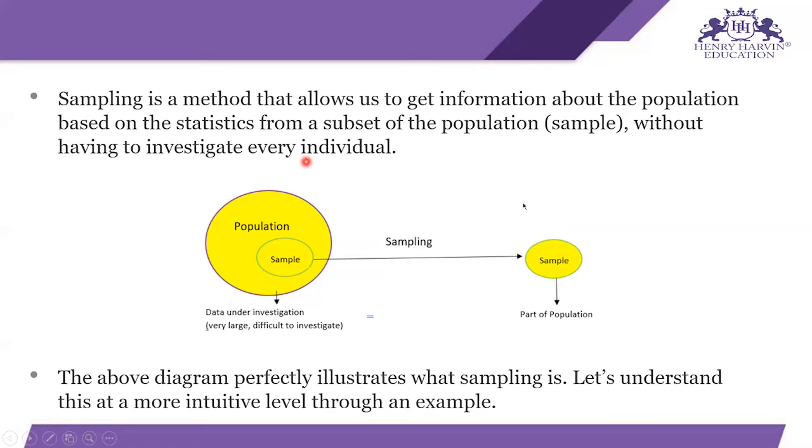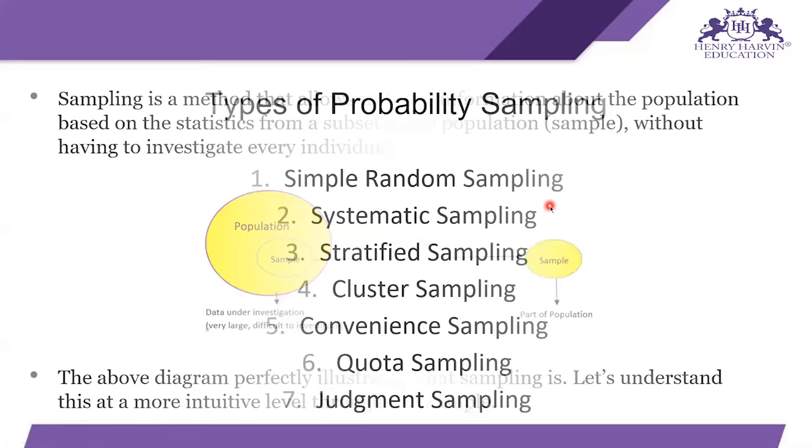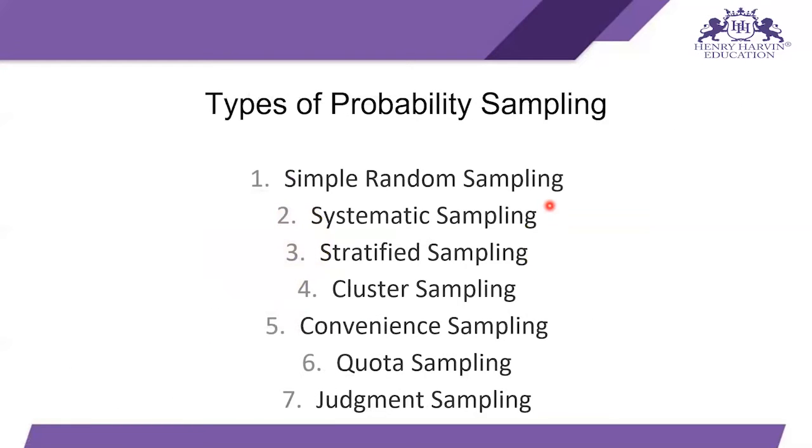So this is sampling in a pictorial way, and the diagram above illustrates what sampling is. Let's understand this at a more intuitive level through an example. I already told you this example. So next come the types of probability sampling.